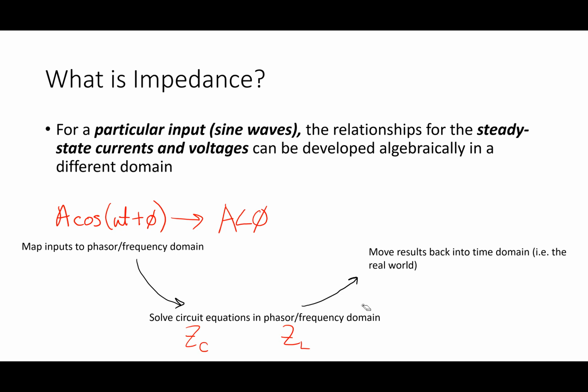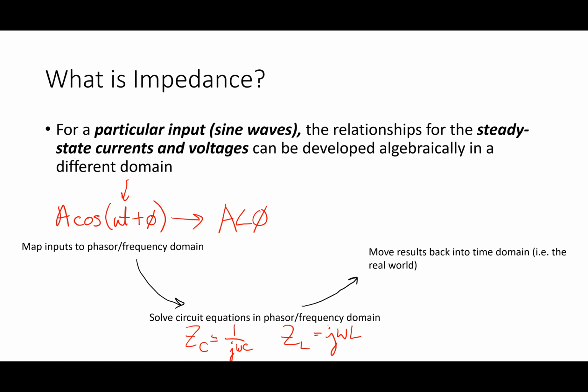Frequency. At one frequency, right? So 1 over j omega C and j omega L. We derived those assuming we had this time domain input and asked what the steady state looks like. We went into the equations I equals C dV dt and V equals L di dt, and we derived these things.